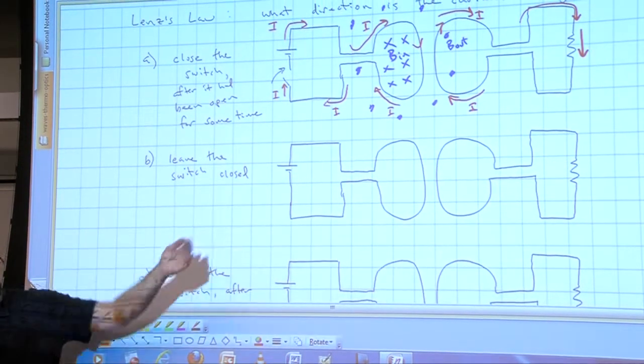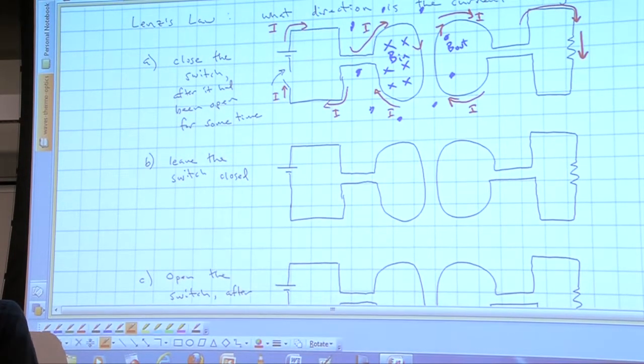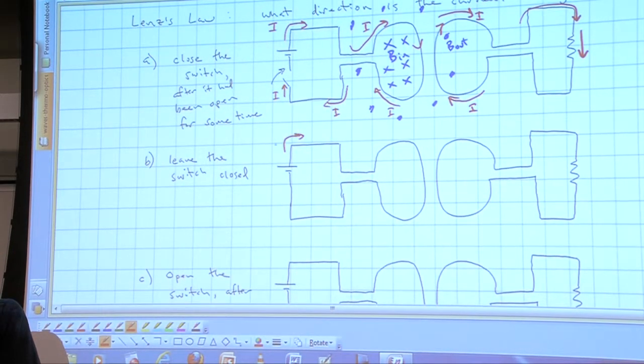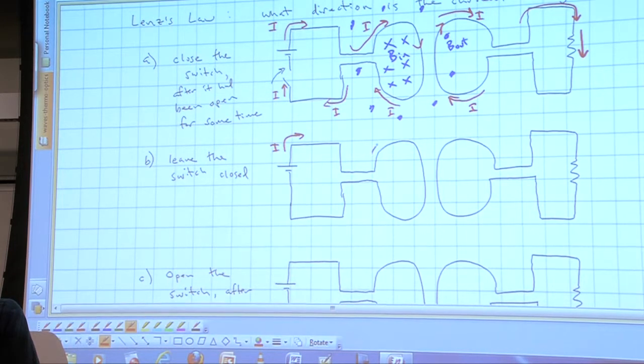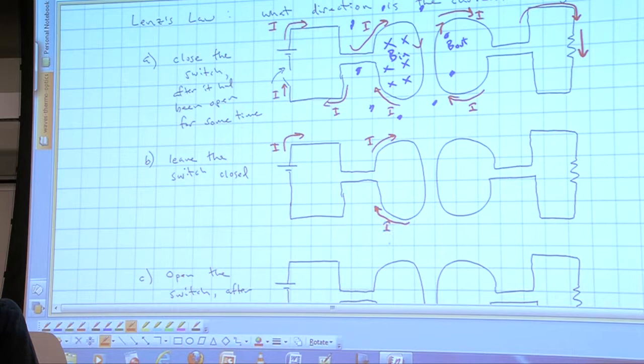Now we leave the switch closed for a long time, have some steady current in the left-hand side.